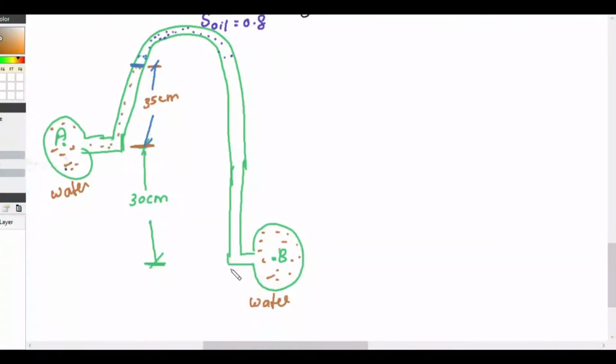From B also, the water column is 35 centimeter, so the oil level will lie somewhere here. So up to this you have oil, and here you have water at A and water at B. So this is oil, and all these things are water.